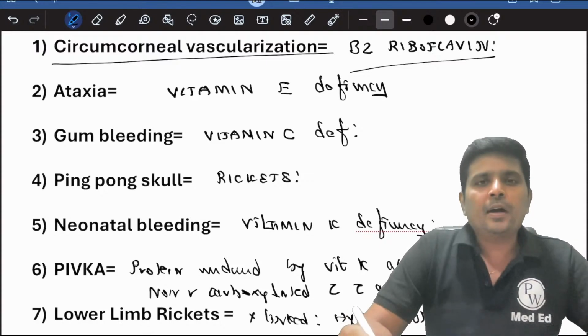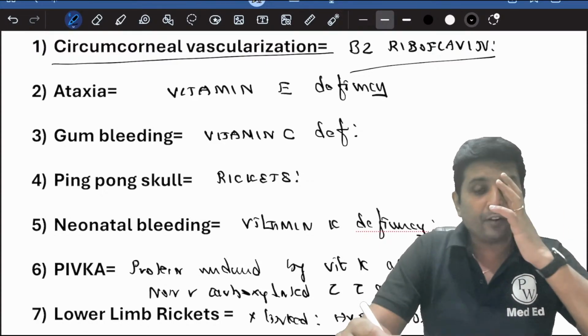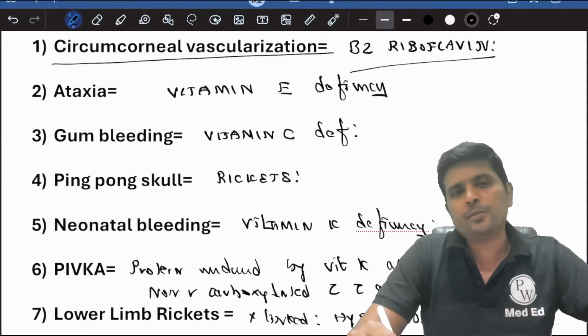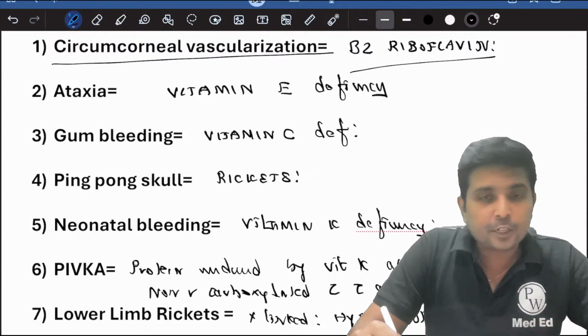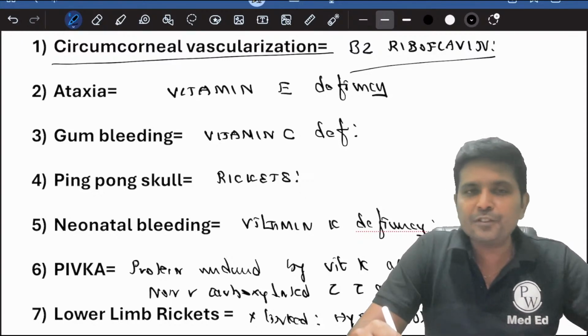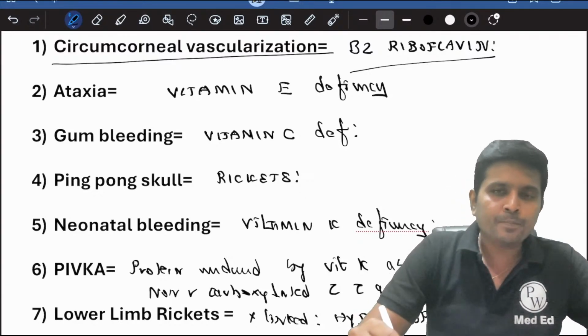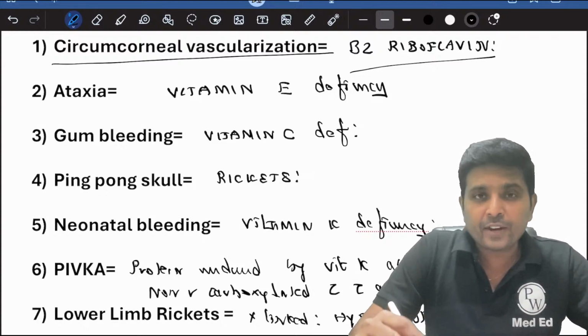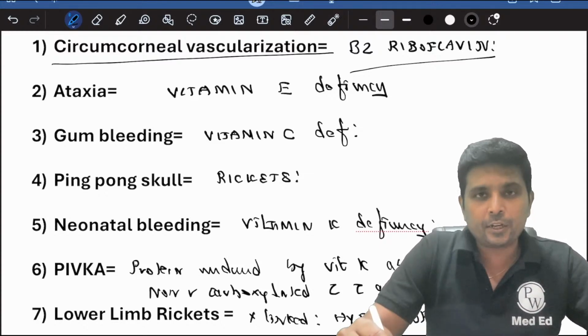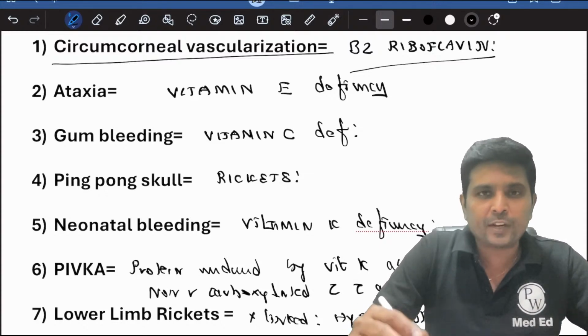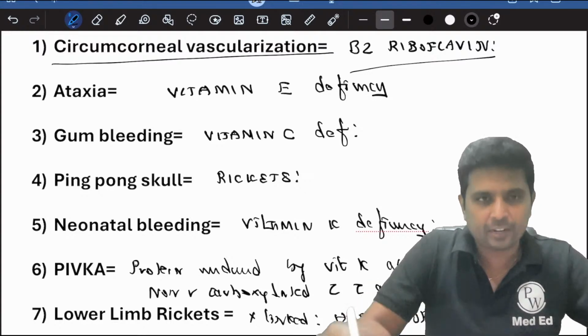Ataxia: again, vitamin E deficiency is responsible for producing ataxia. That's why children with pancreatic insufficiency or fatty malabsorption, because of poor absorption of vitamin E, often get ataxia. So one of the investigations of choice for any ataxia is vitamin E levels.